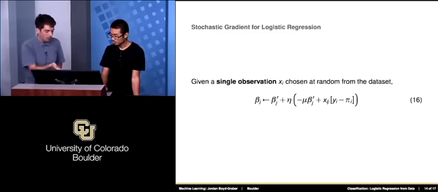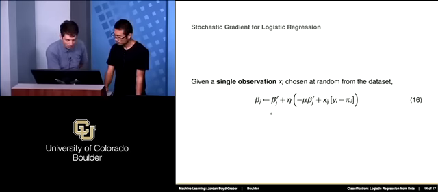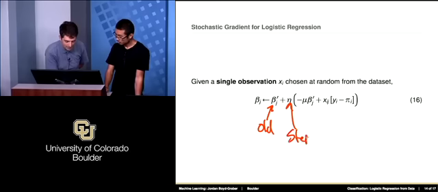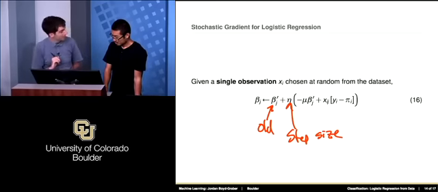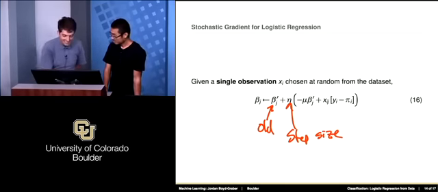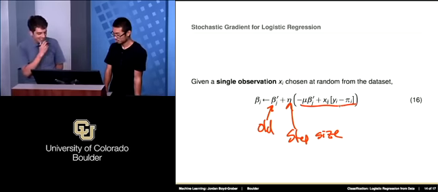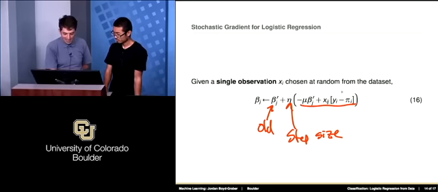So just to work through this math, for a single observation chosen at random from the data set, you have your old parameters, you have your step size, and then you have the derivative. So this is the gradient with respect to a single observation. You're just saying, does my answer match my prediction?